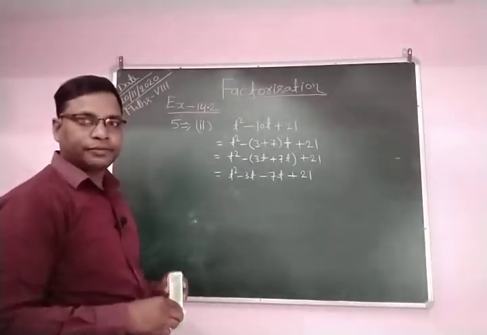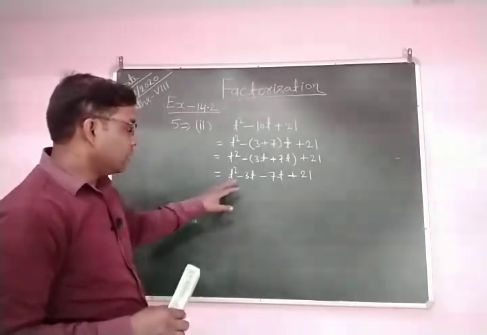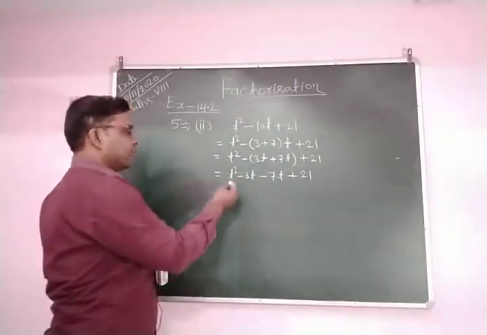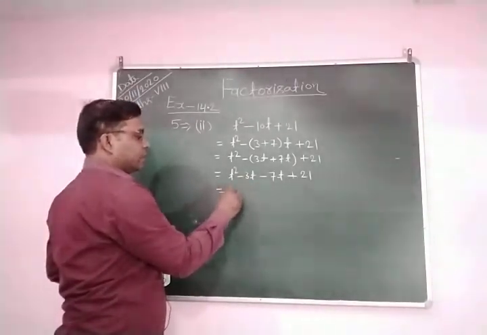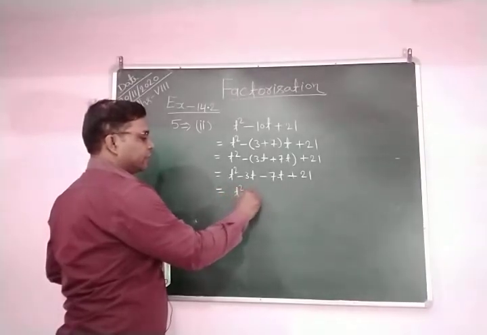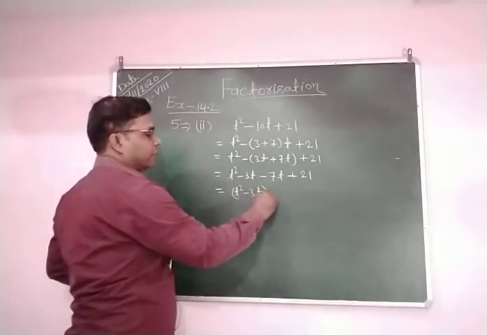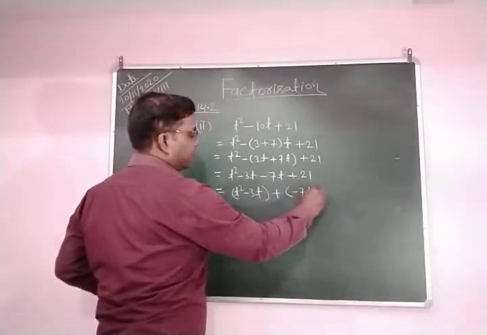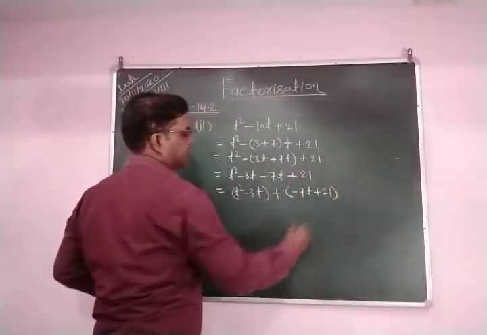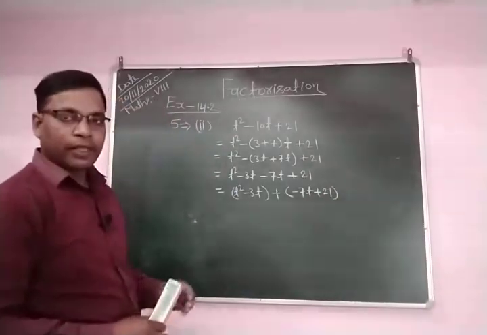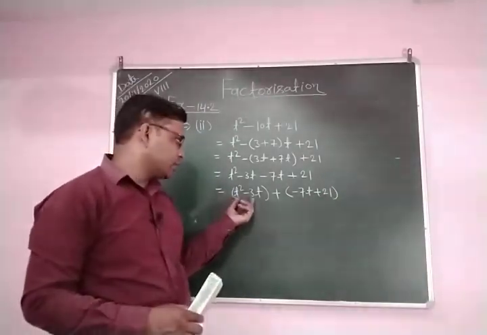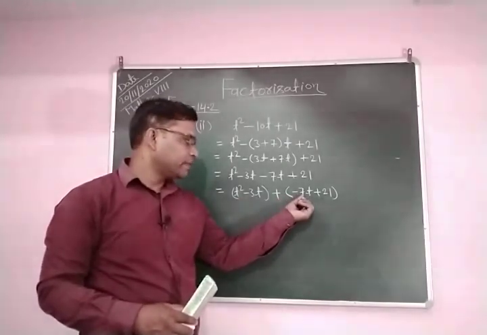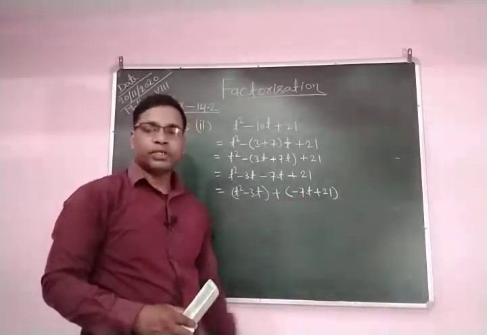Now after this, we do grouping. We can write it t square minus 3t, this is the first group, plus, also you can write, 7t plus 21 in the second group.